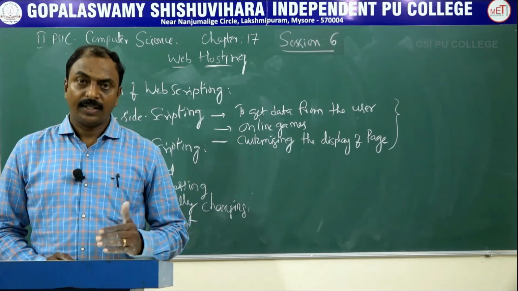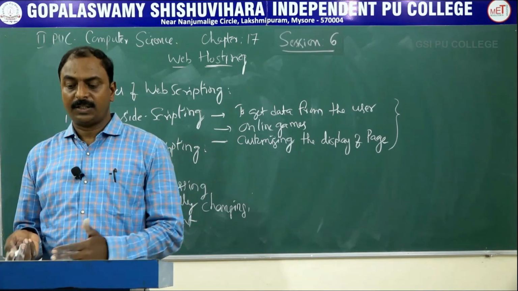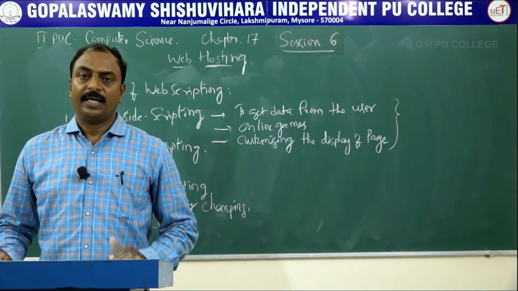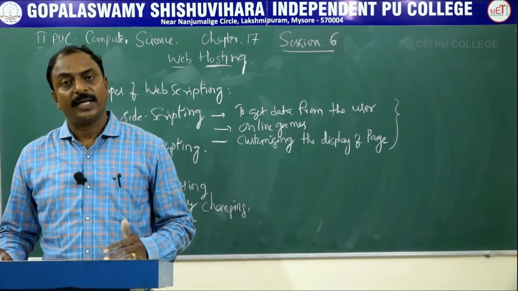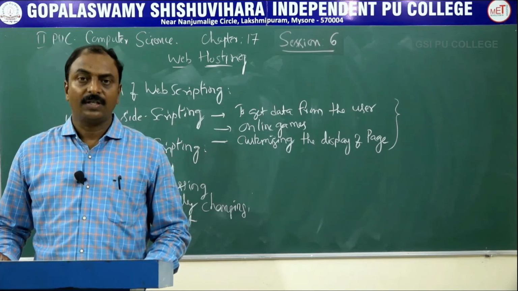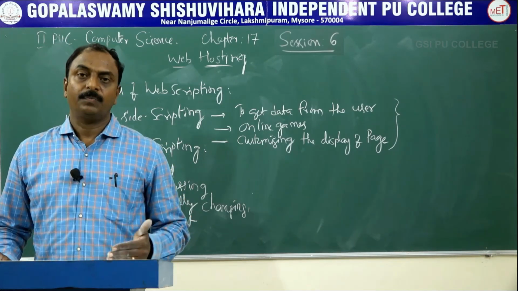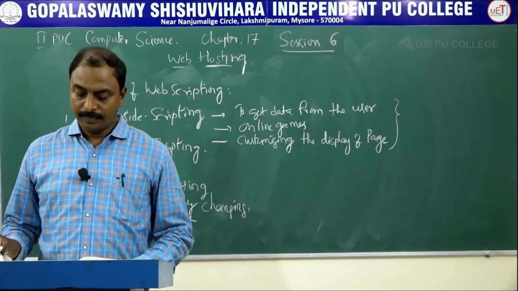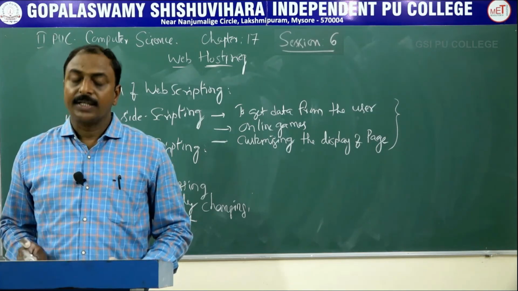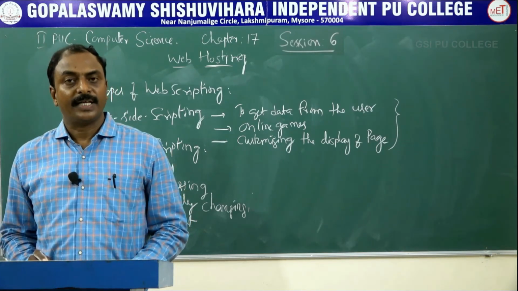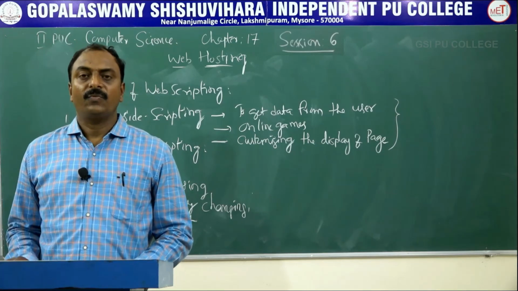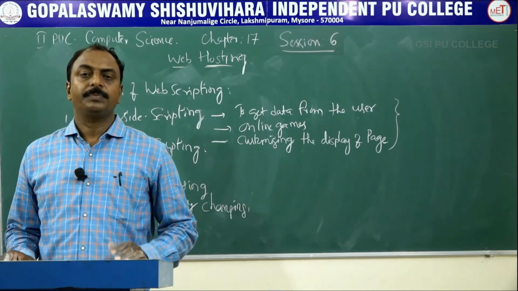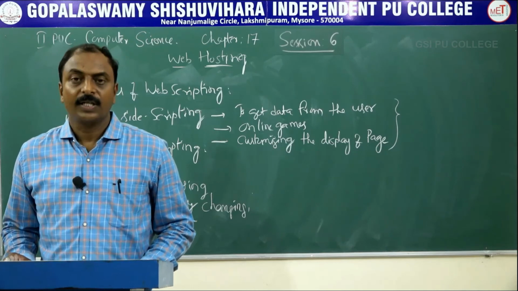Next, we learned the difference between XML and HTML. XML is extensible markup language. It has additional features when compared to HTML. And next one is DHTML, dynamic HTML, where I told you the difference between static and dynamic.